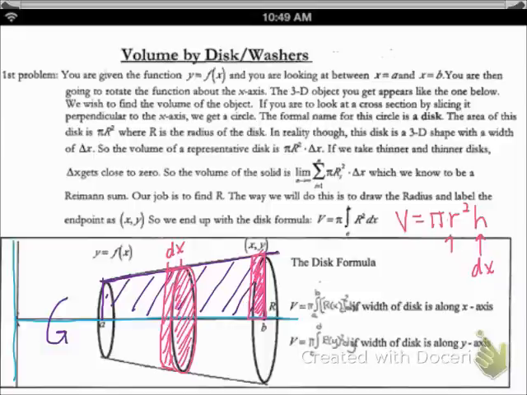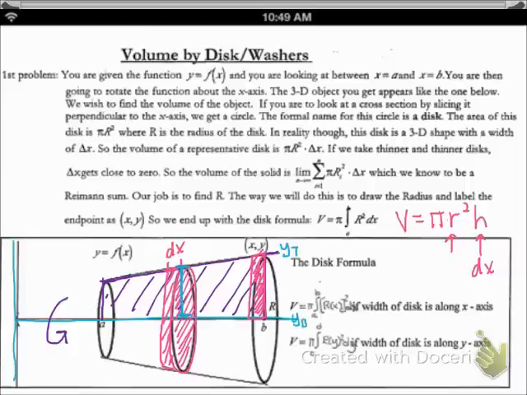Okay, now looking at the radius of our disk, if we go in and we draw in our radius, the radius is just measuring from this top function down to the center of our solid. In this case, it's the x-axis. So we are just measuring from y top down to y equals 0, which we could consider kind of like a y bottom back from our original area problem.